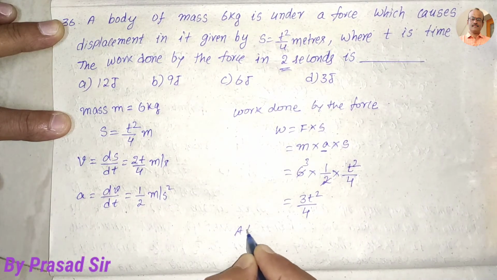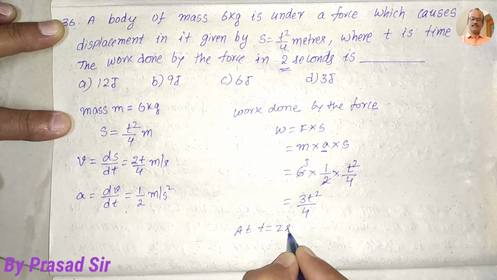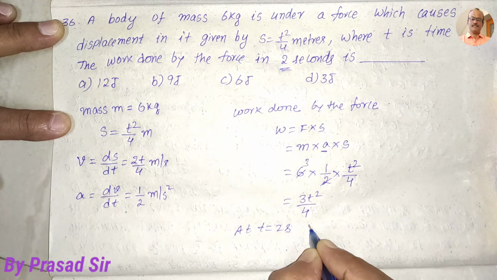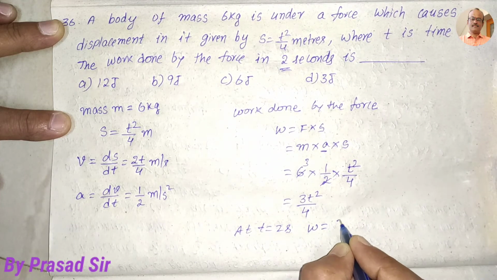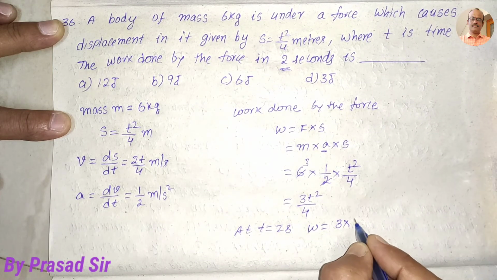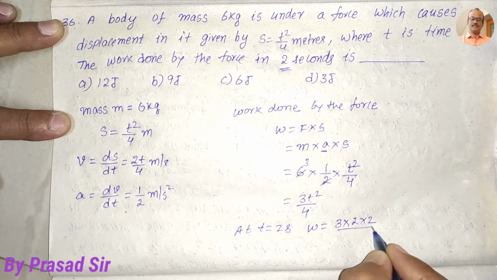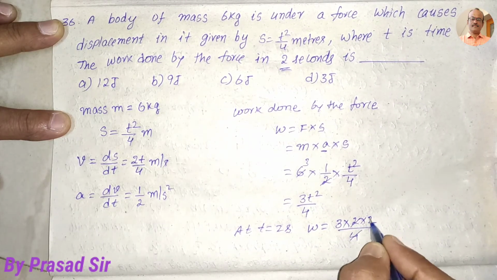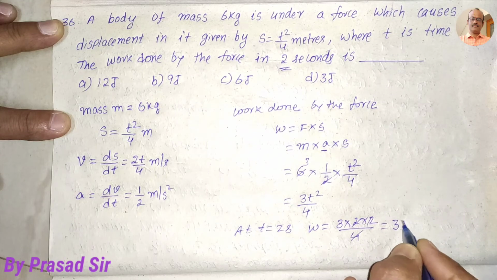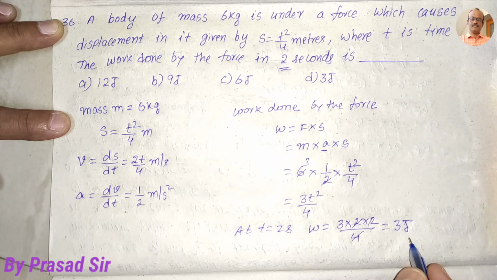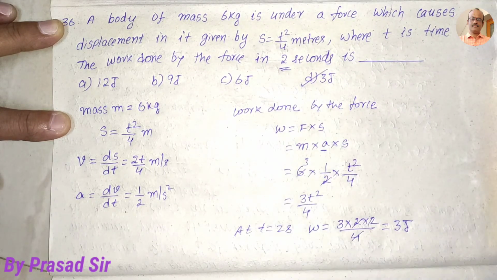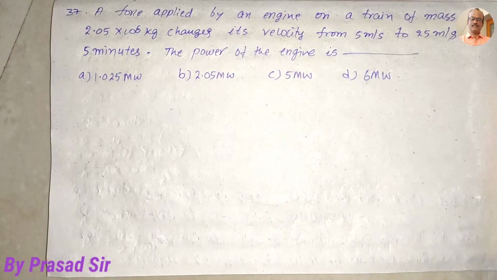So that means at t is equal to 2 seconds, work done is equal to 3 into 2 into 2 divided by 4. Here 4 gets cancelled. Here the option is 3 joules. So the answer is 3 joules. Option D is correct.